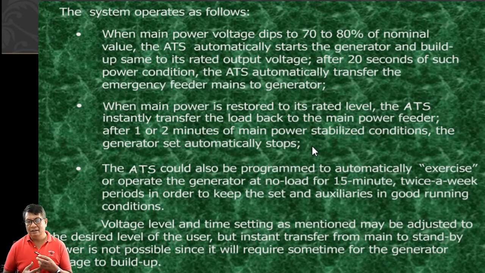So it will take a few minutes or few seconds na medyo palamigin niya yung component lahat doon sa loob ng makina. Okay? So the ATS could also be programmed to automatically exercise or operate the generator at no load for 15 minutes, twice a week, in order to keep the set and auxiliaries in good running condition.